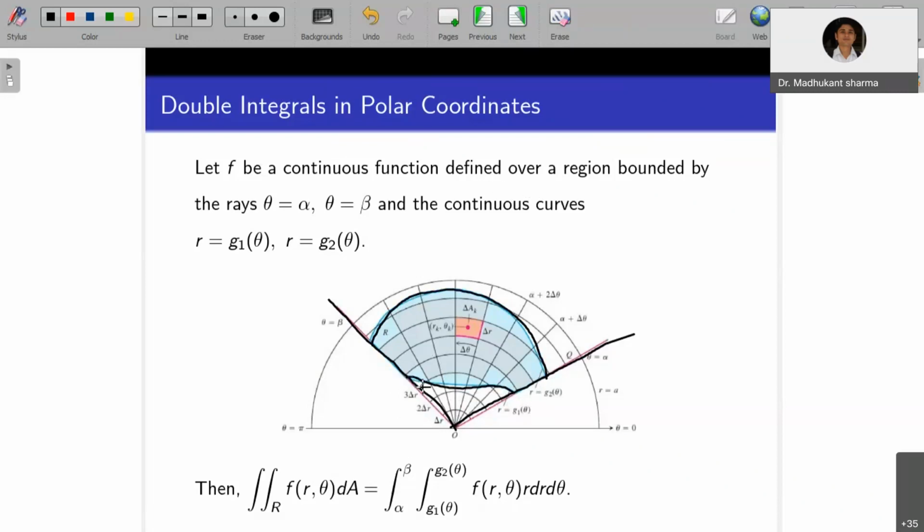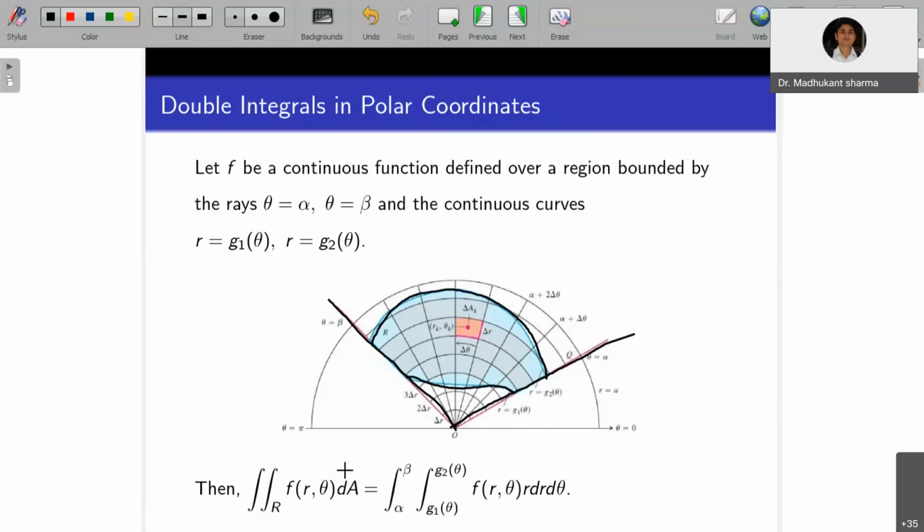Again, I am not going into that detail. The Fubini theorem, the stronger or second form, will come into place here, and finally you will obtain the following formula.